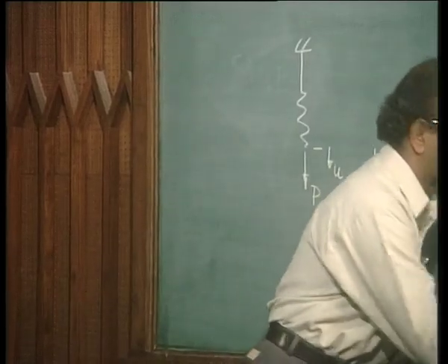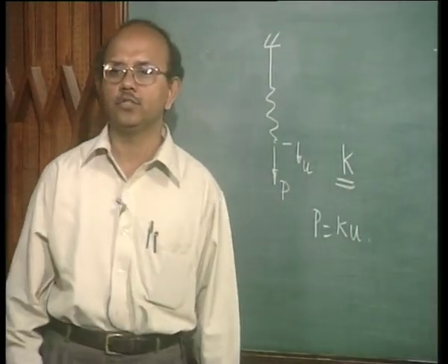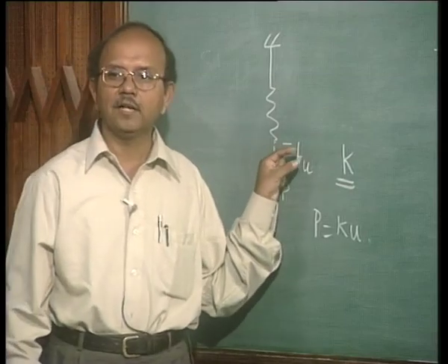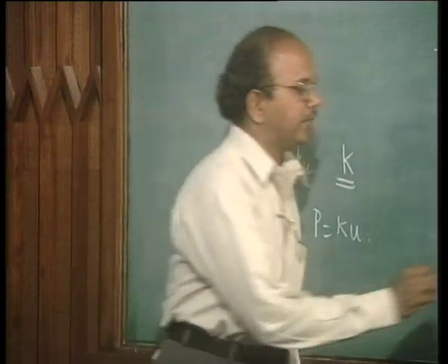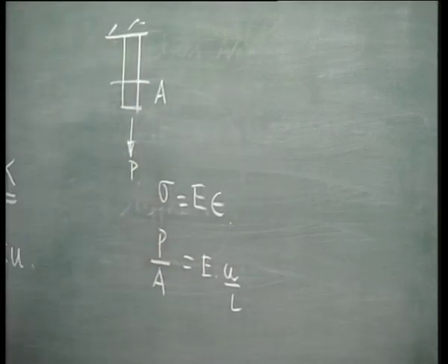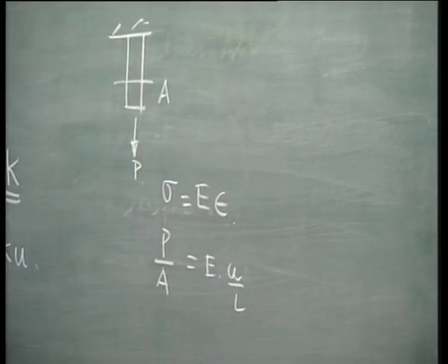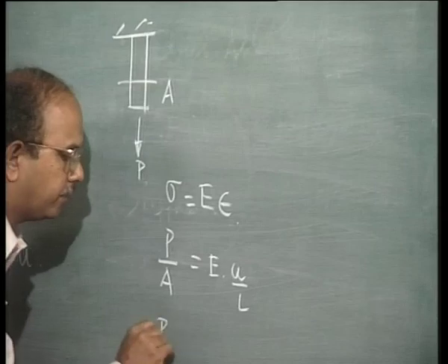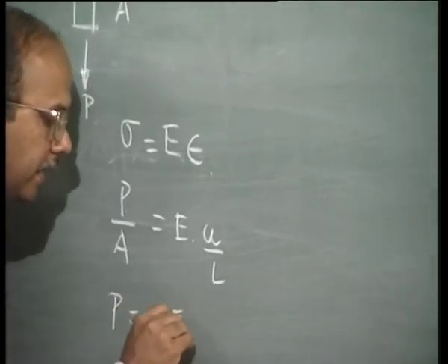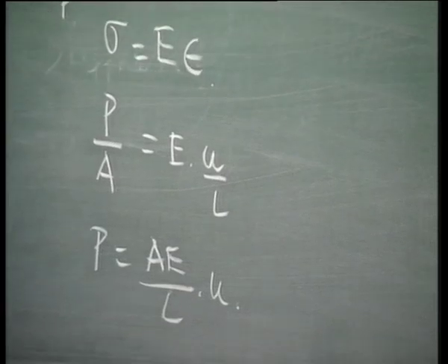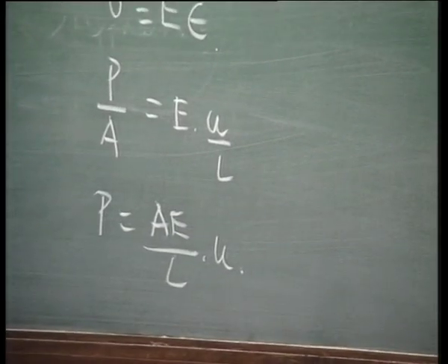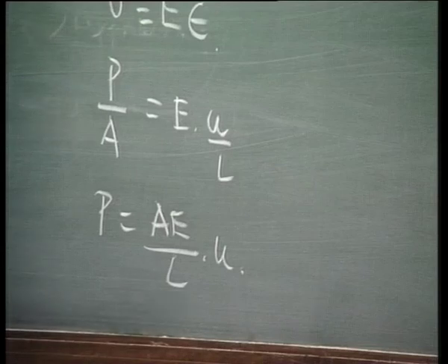So let me call this change in length as u, in a similar fashion as we say that the displacement of the spring is u, divided by L. Now it's very simple to now say that P is equal to AE divided by L into u, right? AE divided by L into u.